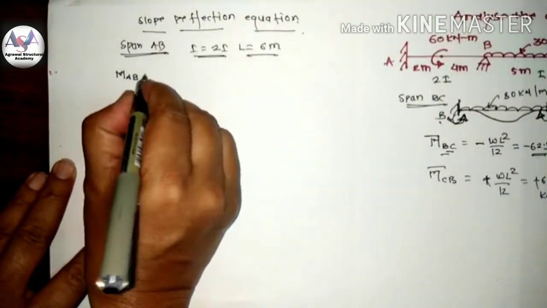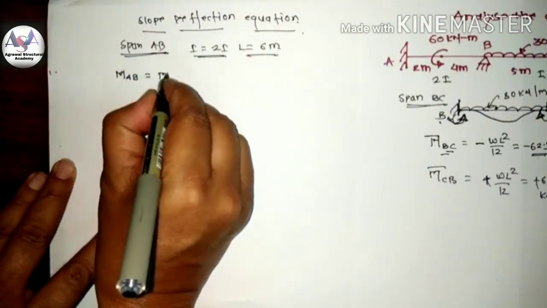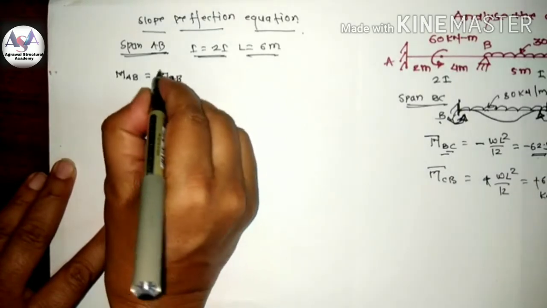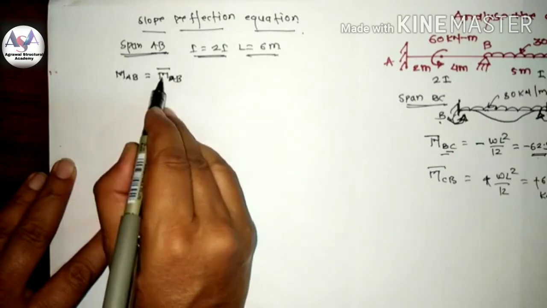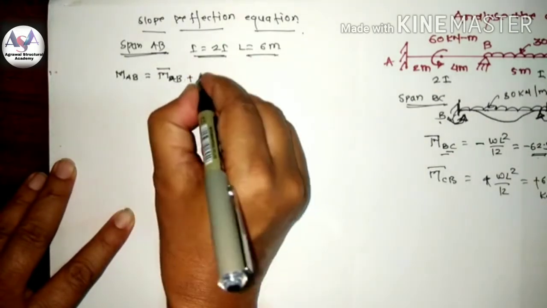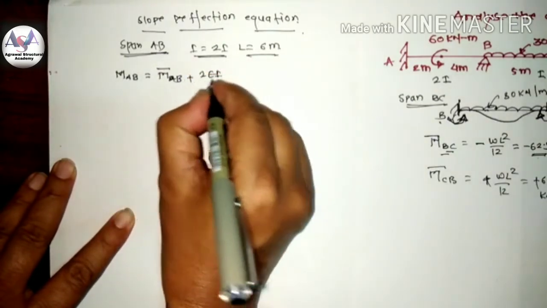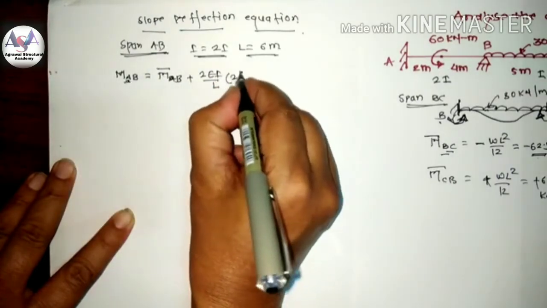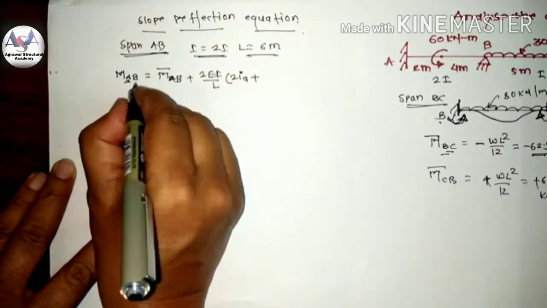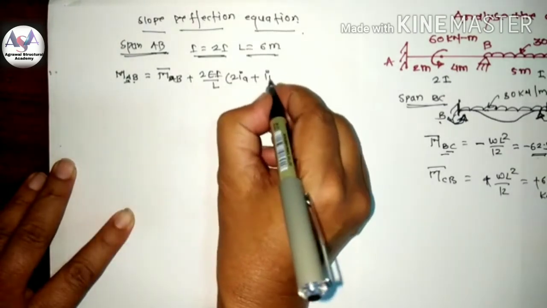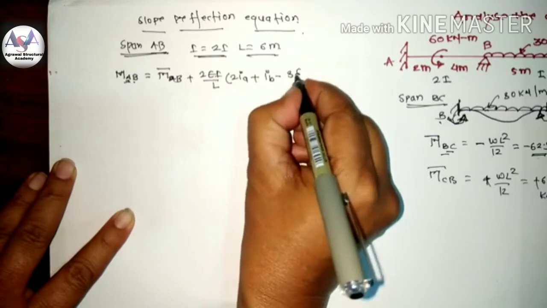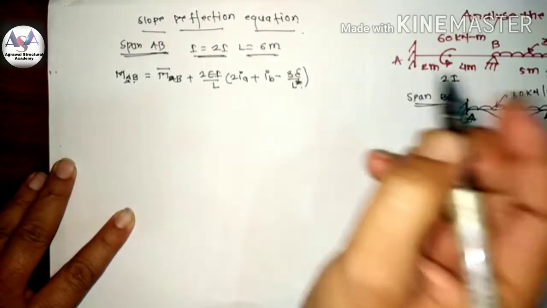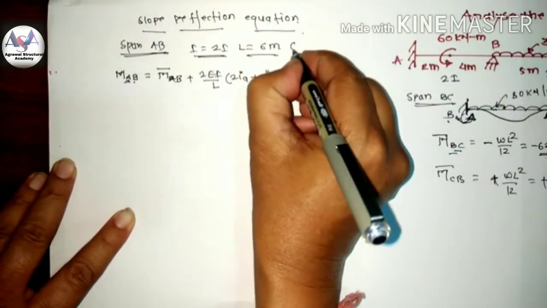So M AB is this M AB bar, the fixed end moment, plus 2EI by L, which is common. Now we are taking for A, so write here twice theta A plus theta B, then minus delta by L.